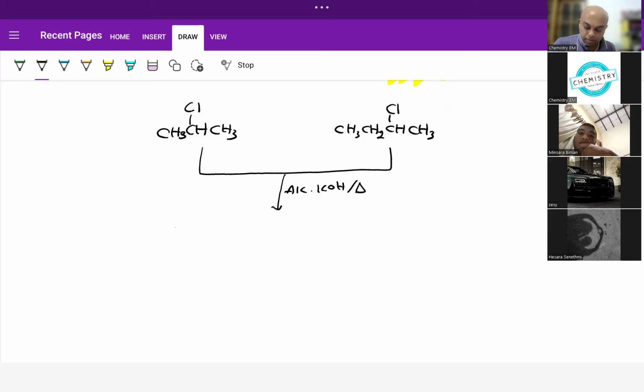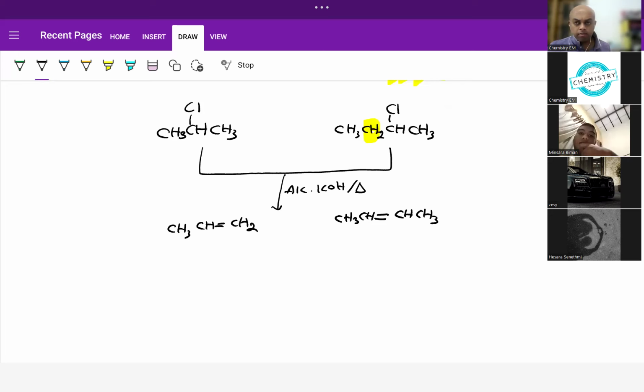Then I will have CH3, CH double bond CH2. Here I have CH3, CH double bond CH3, because chlorine will take the hydrogen atom of this carbon atom, the yellow highlighted one, not the other one, because it has the lowest number of hydrogen atoms.